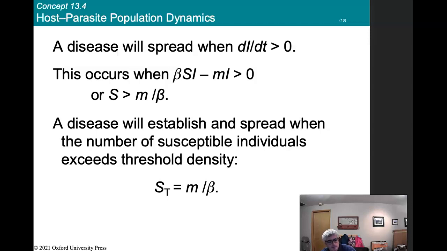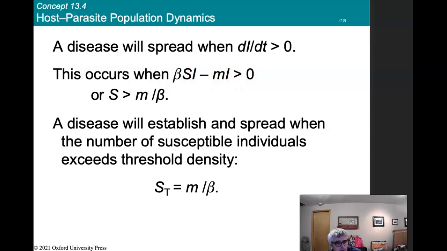So every unit time, if there are more infected than there were before, if it's a positive number, then it's spreading. This occurs when the transmission coefficient times SI, minus recovery and death times infection rate, is greater than 0.